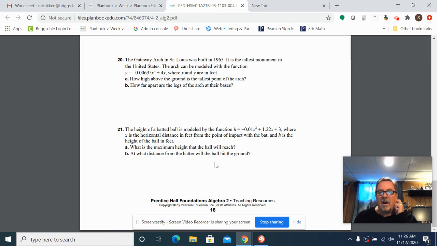In feet, how high above the ground is the tallest point? How high? And how far apart are the legs?